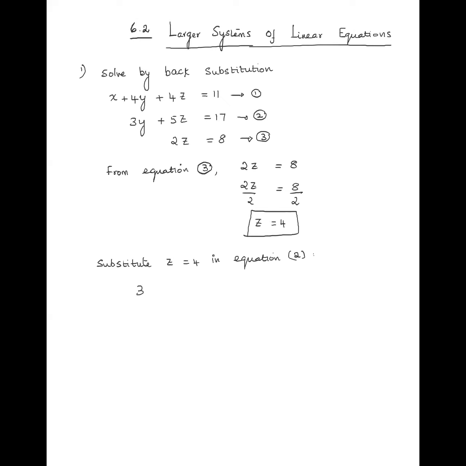So let's write the equation 2 so we can get the value of y. So this is equation 2. Now substitute z equal to 4. So we get 3y plus 20 equal to 17.